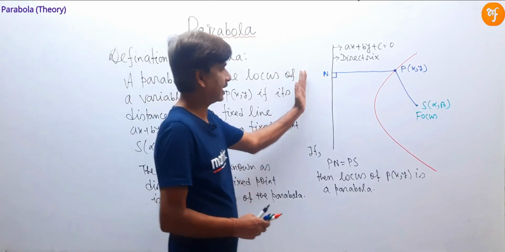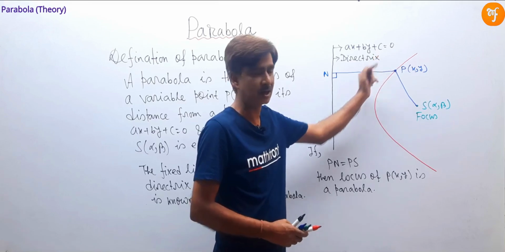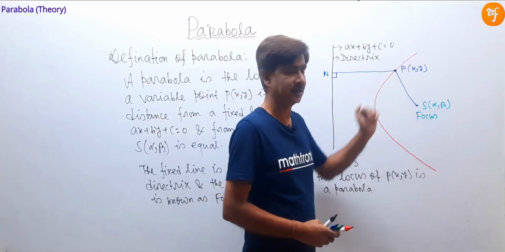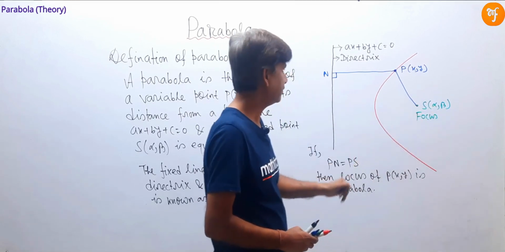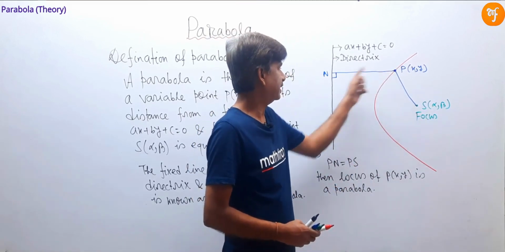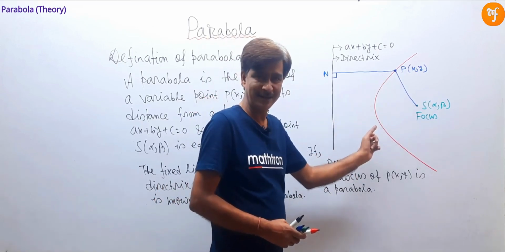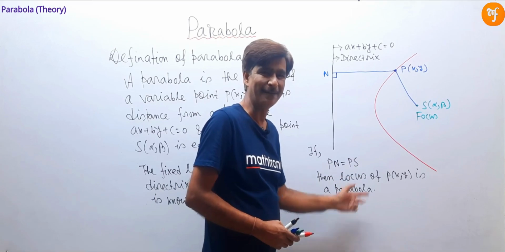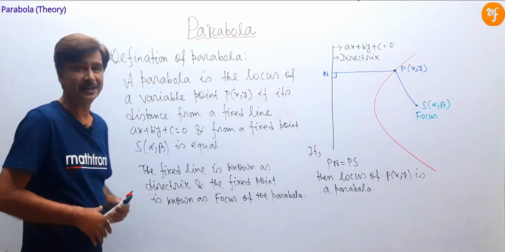So in this given diagram, the equation of this fixed line is ax plus by plus c is equal to 0. P(x, y) is any variable point and S(alpha, beta) is any stationary point. Okay. Now if PN is equal to PS, then the locus of this point P is nothing but a parabola. Okay, clear? Understand?